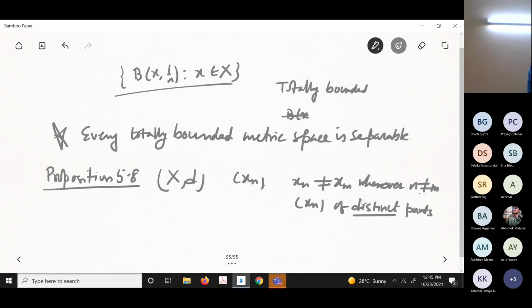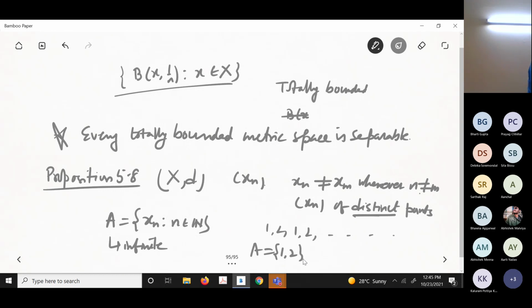Now the set A has to be infinite because you have taken distinct points. If you do not insist on that, then A as a set may be finite, because I can have the sequence 1, 2, 1, 2, like this. Then as a set, A will be only {1, 2}. But I have taken distinct points.